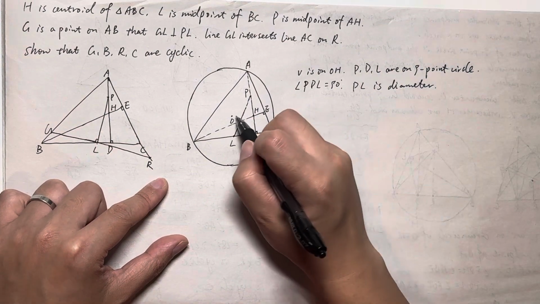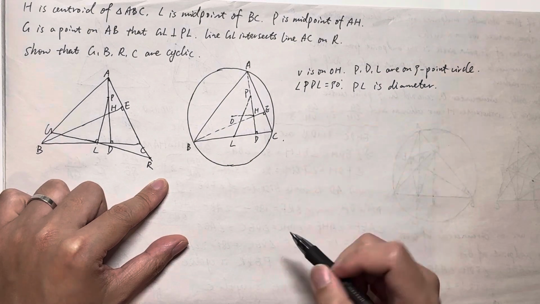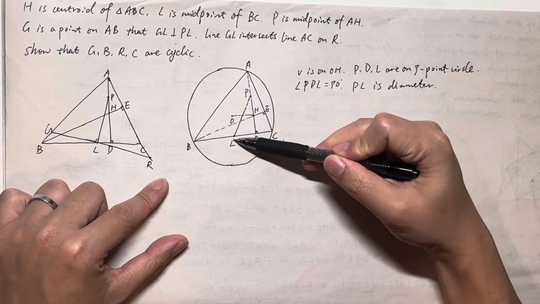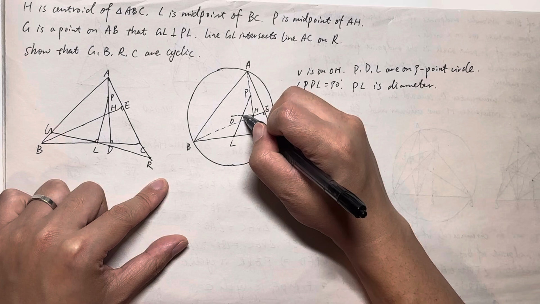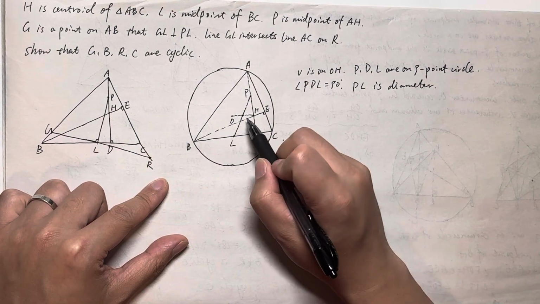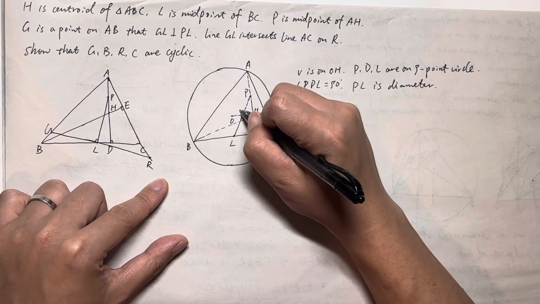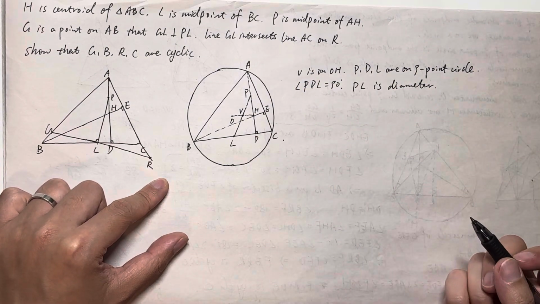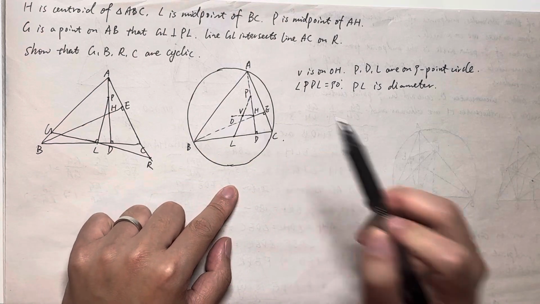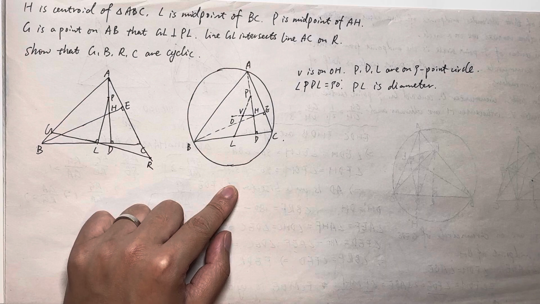So if we connect OH and intersect PL at a point, we know this point must be the center of the 9-point circle.